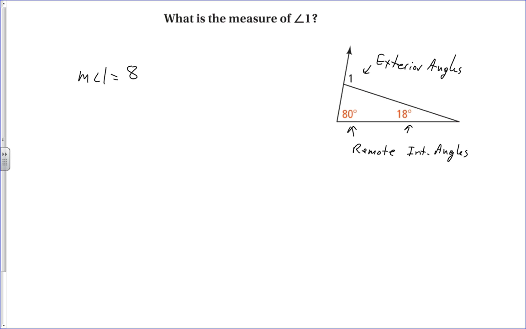So it equals 80 plus 18, which is 98 degrees. The measure of angle 1 has to be the sum of these two, so it can't be anything else. So it's 98 degrees.